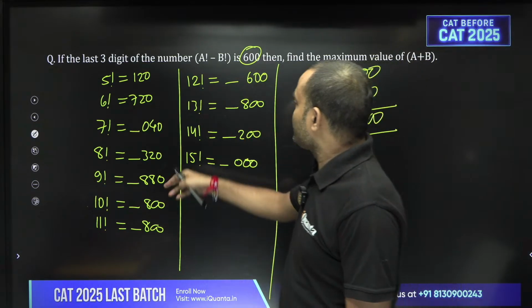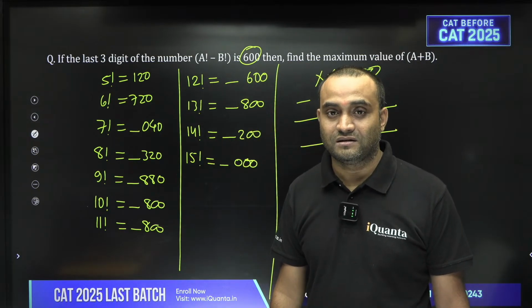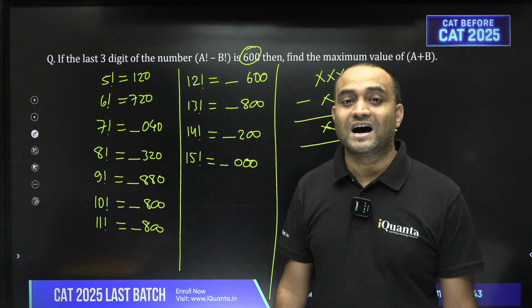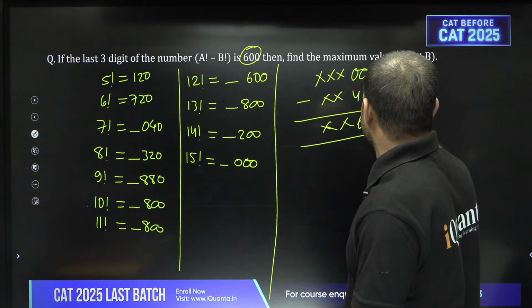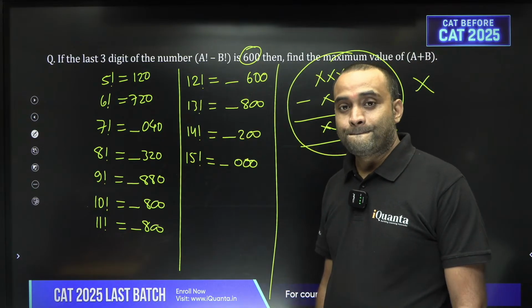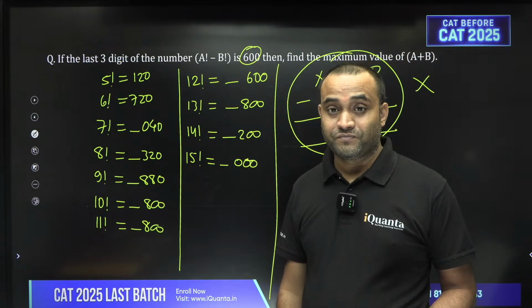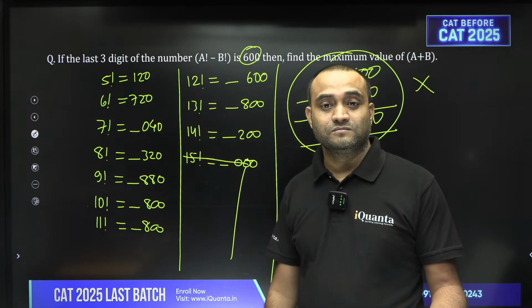But none of these factorials have last 3 digits as 400. So this case is not valid. So let's start with the maximum. 15 factorial and onwards we cannot take.